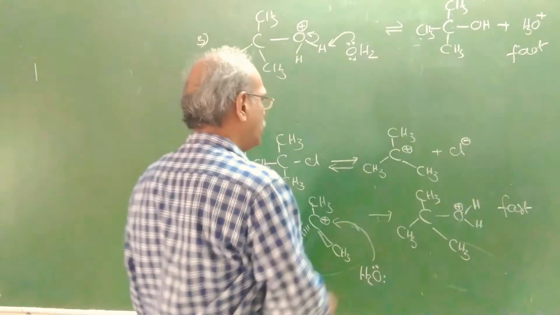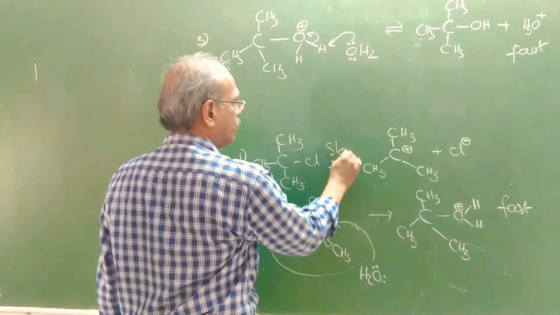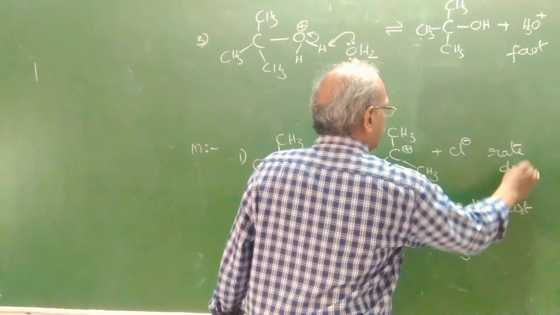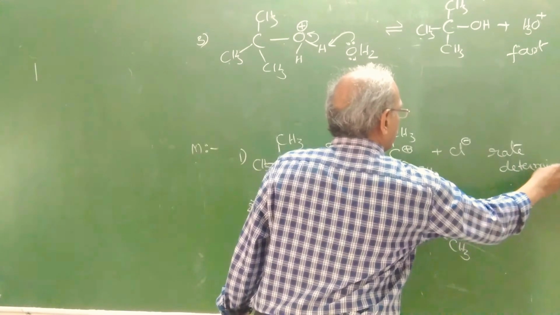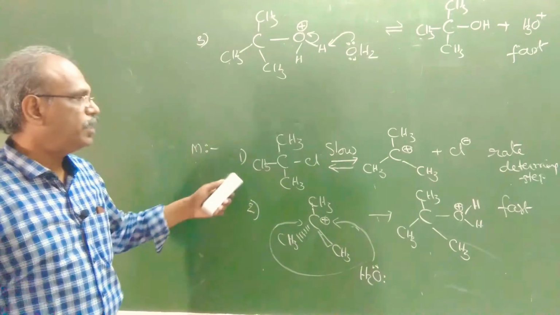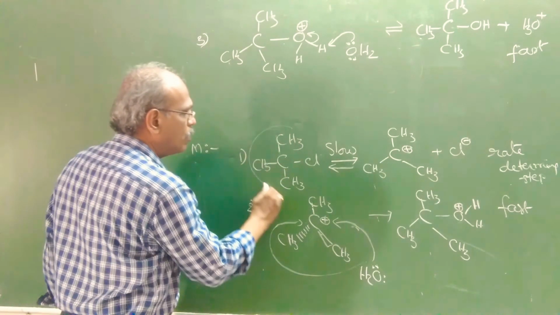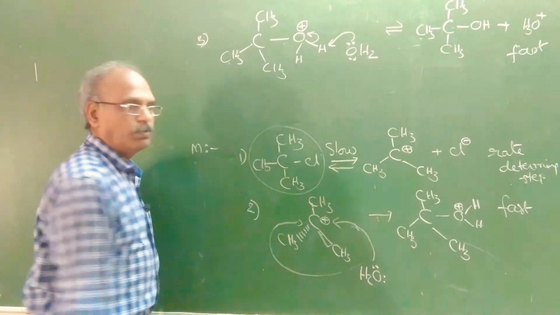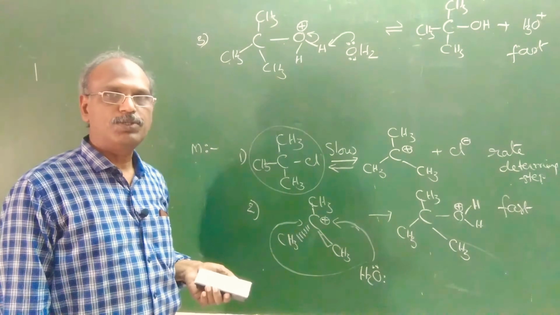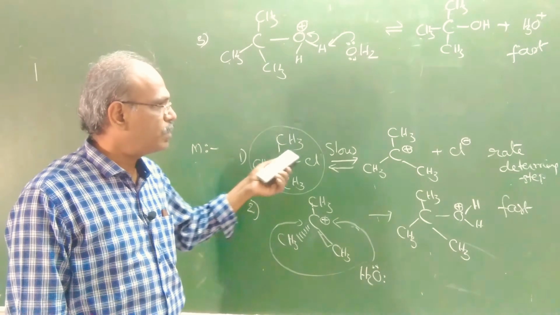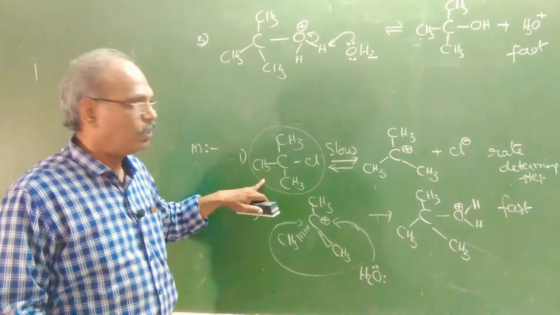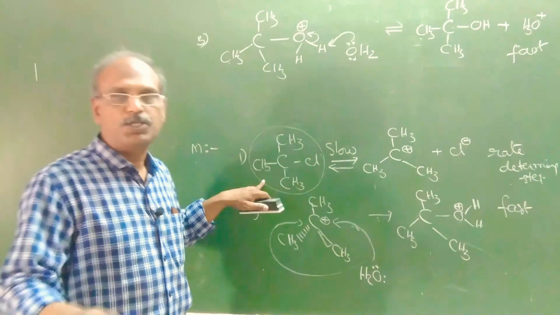So among all these, this is the slowest step and this is the rate determining step, involving only one molecule. This is nucleophilic substitution, and since the rate determining step involves only one molecule, this is said to be SN1 reaction.